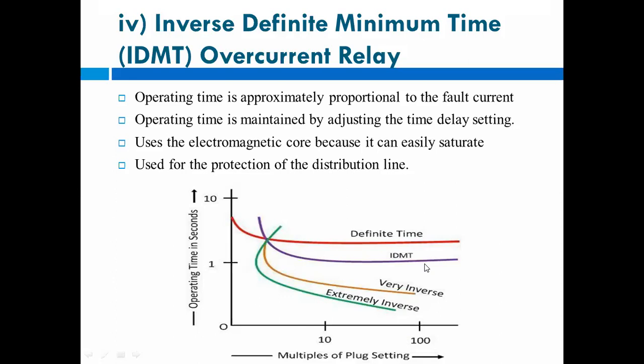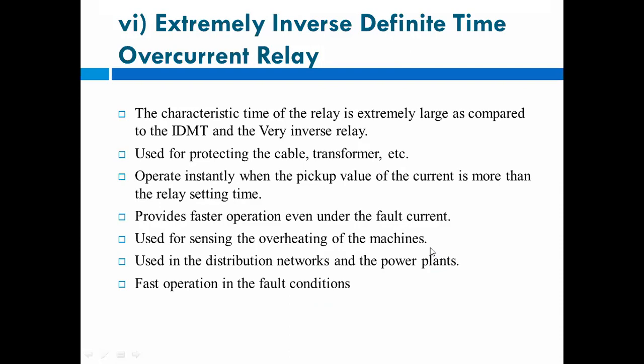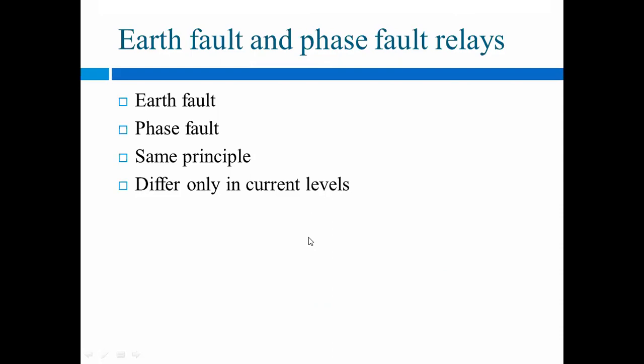This IDMT is used for the protection of distribution lines. Then the very inverse definite time overcurrent relay, and next the extremely inverse definite time overcurrent relay. These all are the characteristics of the overcurrent relay.